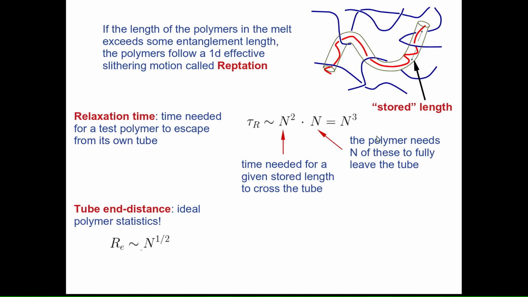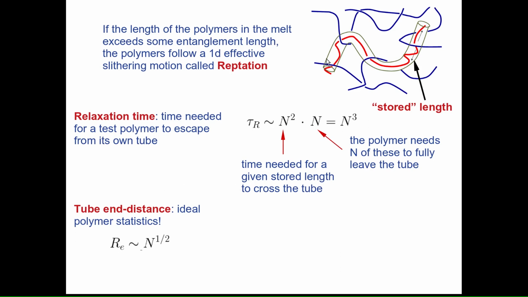It's definitely scaling much higher, so the relaxation time becomes rapidly very large, and this is because the only way that this melt has to renew its conformation is to perform this 1D motion, and that's why you have this high power.